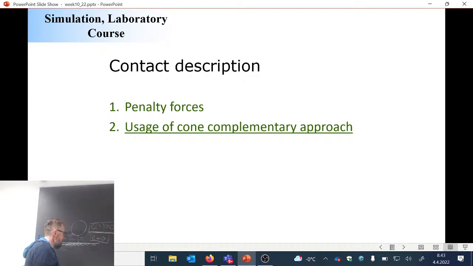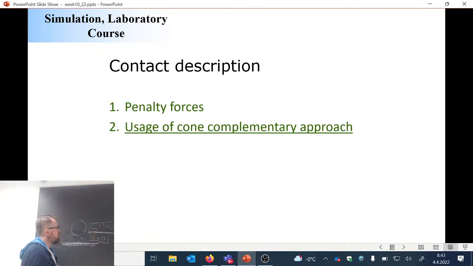Now what then happens to this inequality? Well, this has to be taken into account as part of the equation of motion. This is going to be a somewhat involved process, but roughly speaking, it will be treated a little bit the same way as the constraint equation. And then we're going to have a possibility to describe the contacts.